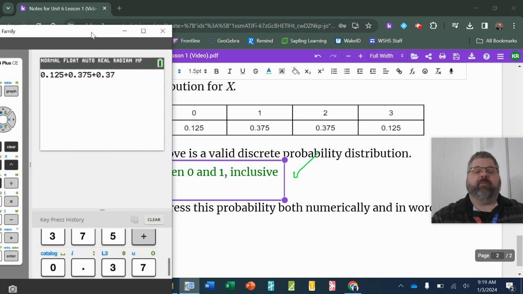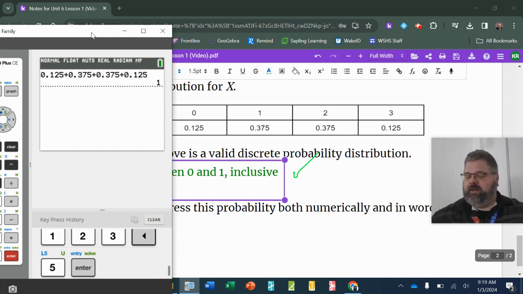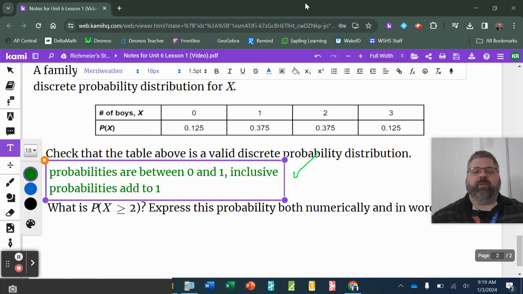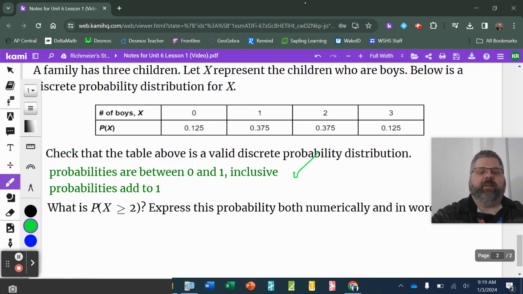And the probability that they have 2 boys is exactly the same, 0.375. And then the probability that all 3 children are boys is 0.125 again. So I'm going to check, and sure enough, they all add up to be 1. So because both of those conditions are met, this is a valid probability distribution.